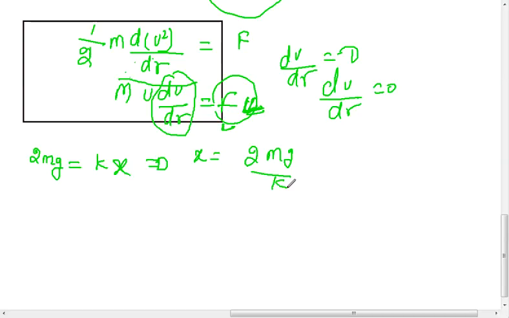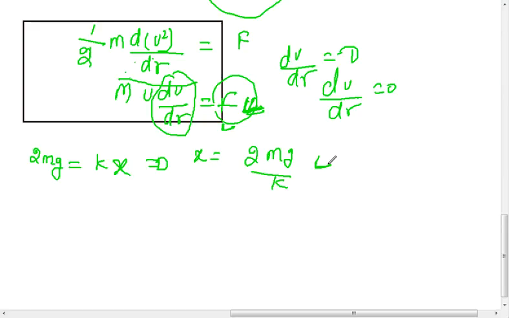Now we'll find what the maximum velocity is, after some time, don't bother. Now we are going to analyze the condition when the extension is maximum. What is the condition when extension is maximum?